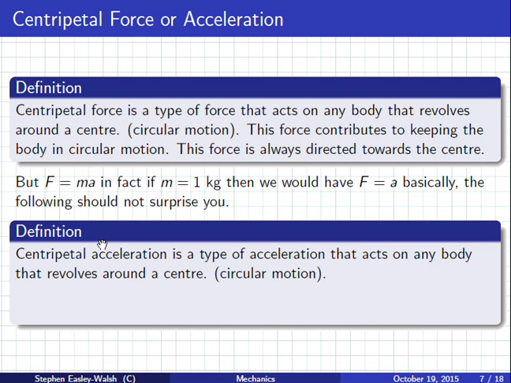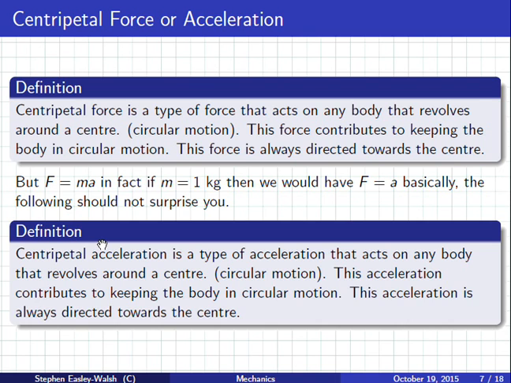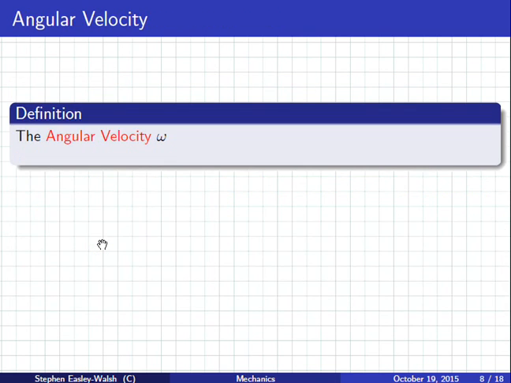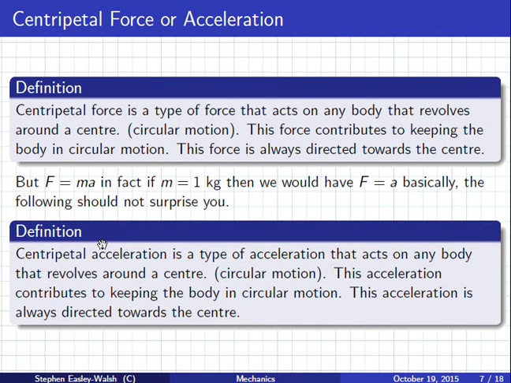So what do you think centripetal means? Towards the center. Yes. You don't need to write that. I don't want you writing too much. So centripetal means basically towards the center.